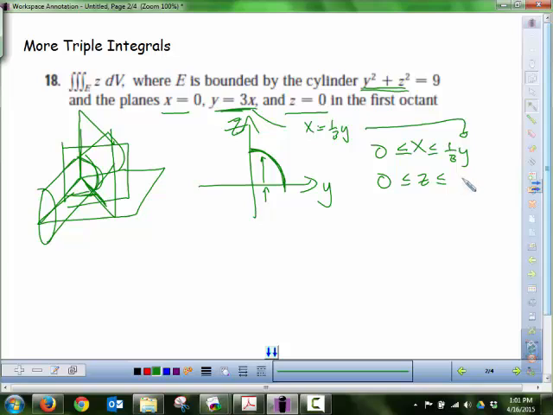So z is equal to the square root of 9 minus y squared. Then I integrate with respect to y, and my y limits are 0 to the square root of 9, which is the radius of that.